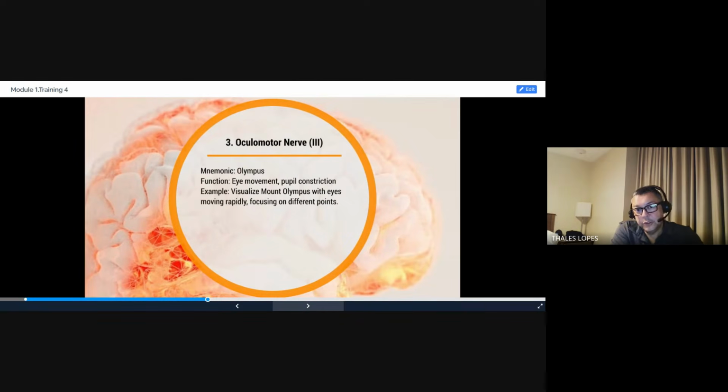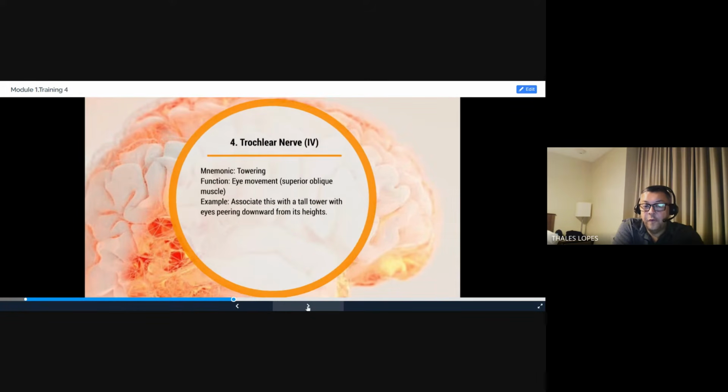nerve 2. 3 usually goes with 2, right? Which is the eye movement. Pupils constrictions, right? Eye movement. Cranial nerve number 3. 4, it also has to do with the eyes, but now it's more of a superior oblique or the eye movement, right?